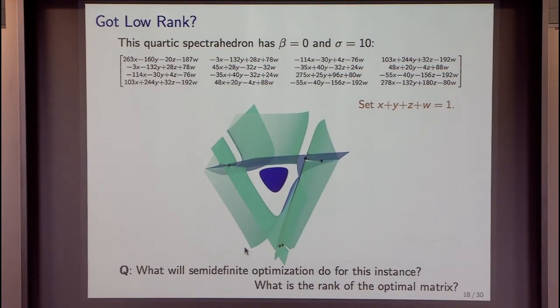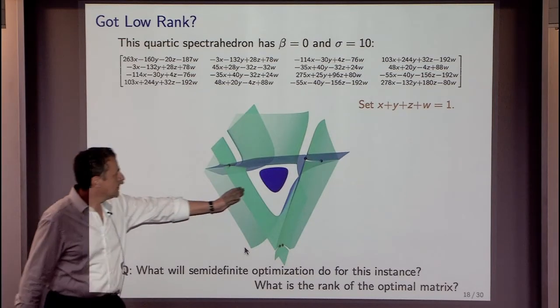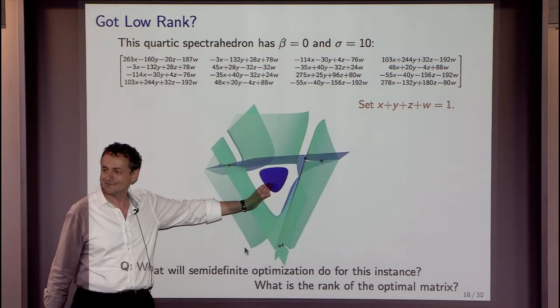So I take this matrix, I replace W by 1 minus X minus Y minus Z. I pick a random linear function on X, Y, and Z, and I minimize subject to this being positive semidefinite, and I get an optimal 4x4 matrix of rank 2.